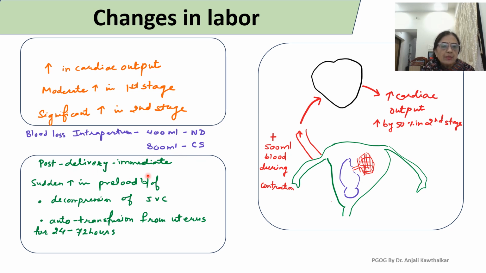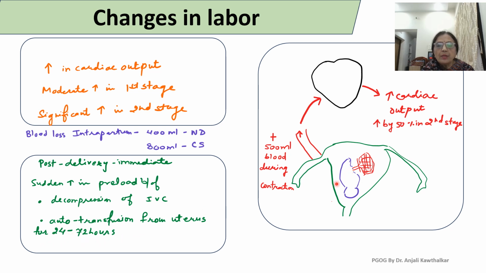Post delivery, immediately after the delivery, there is a sudden increase in the preload, and this increase in the preload is because of the decompression of the inferior vena cava as well as the blood which is getting thrown into the general circulation from the uteroplacental bed. So there is an autotransfusion from the uterus, and it remains there for 24 to 72 hours.